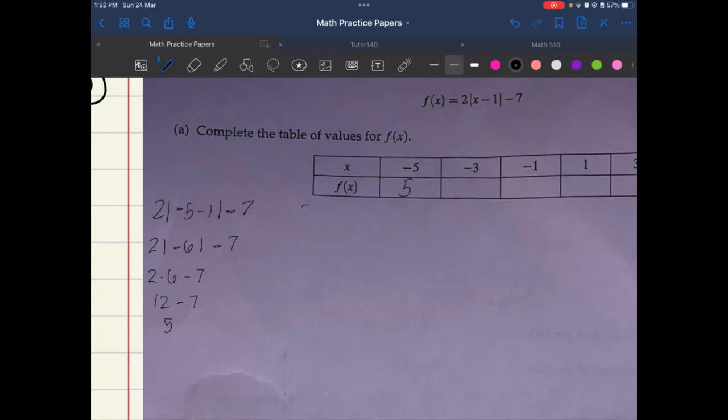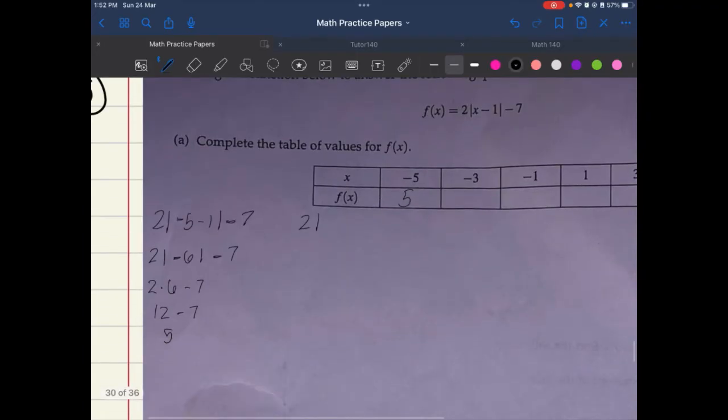Okay, the second one, 2 times the absolute value of -3 minus 1, minus 7. -3 minus 1 is -4. The absolute value of -4 is just 4. So it's 2 times 4 minus 7, which is 8 minus 7, which is 1.